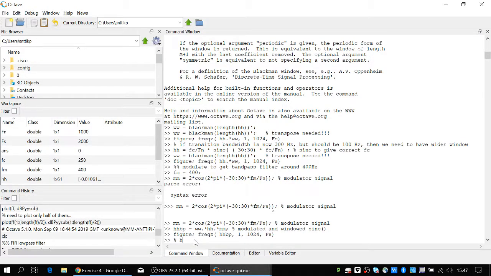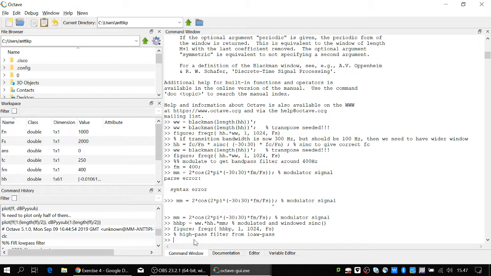How about then the high pass filter from low pass? Low pass, yeah.